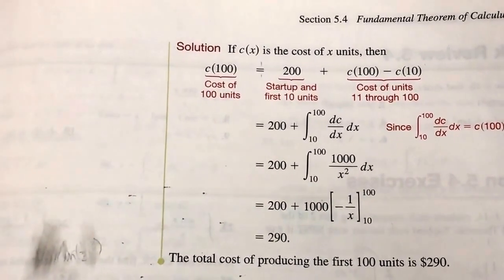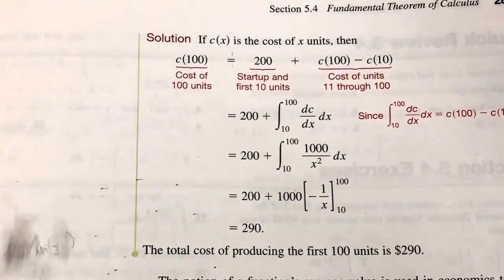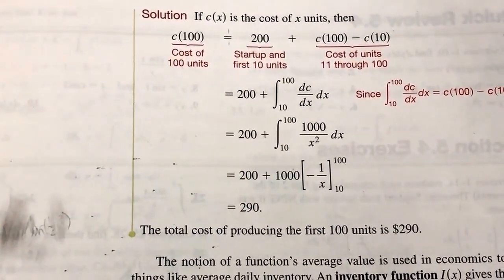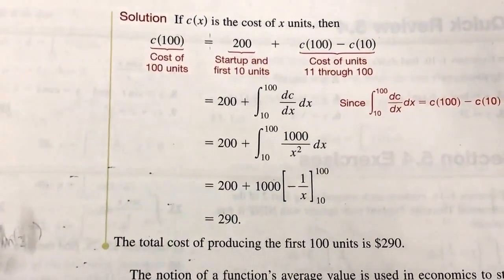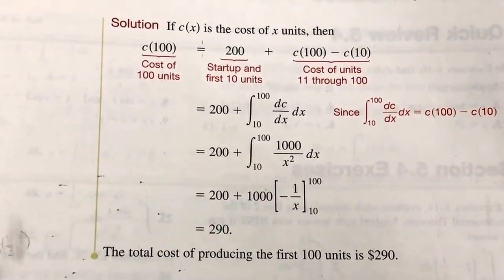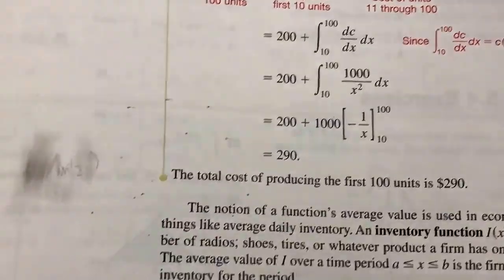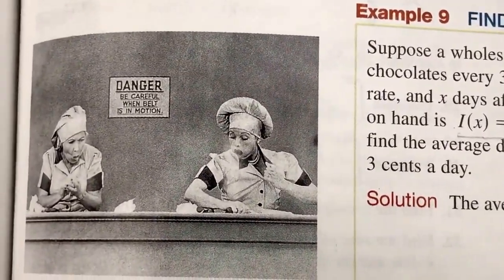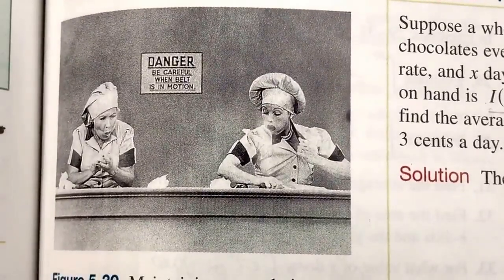Yeah. Why are those in that picture below? Why are these like eating a bunch of cupcakes? Maintaining a steady inventory to ship to the wholesale. It's from I Love Lucy. Lucy on the right, yeah. And then Ethel, her friend. Danger, be careful when belt is in motion. They're wrapping candy in the episode.